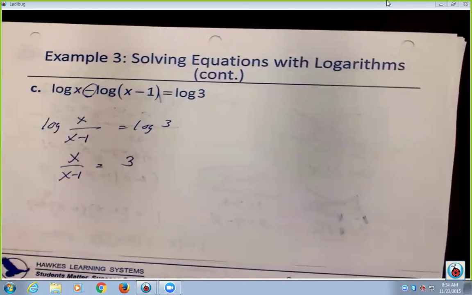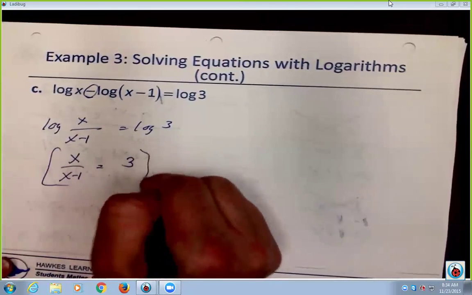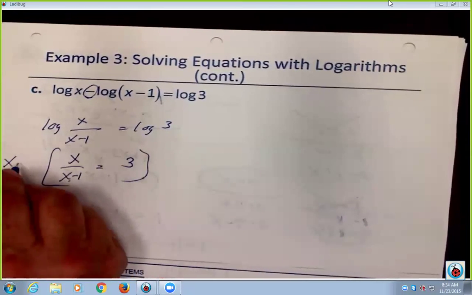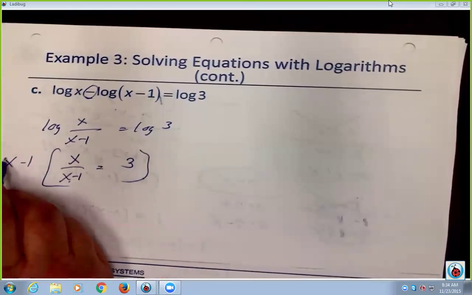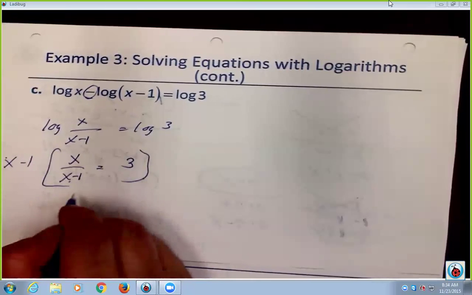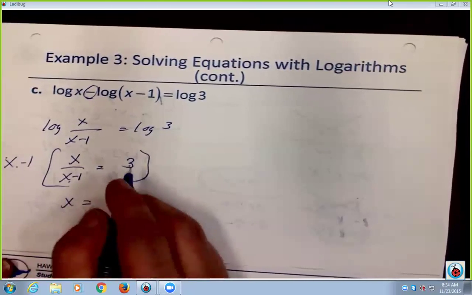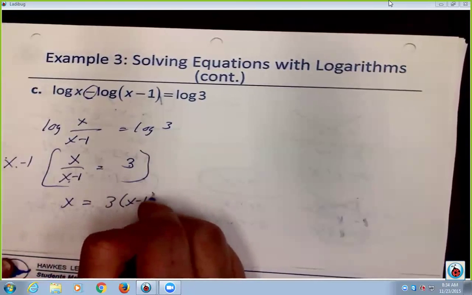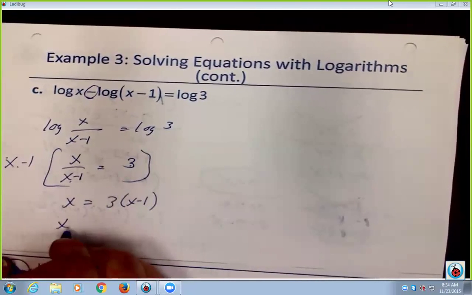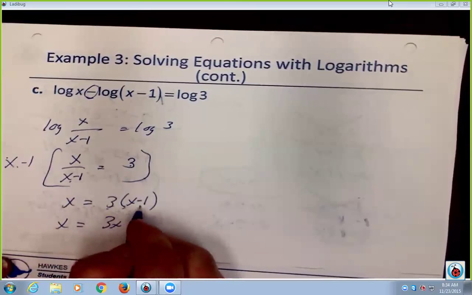Okay? And so let's finish this thing out. So, to solve for x, I need to multiply both sides by the denominator. So these will cancel on this side. Then it gets multiplied by 3 on the other side. 3x minus 3.